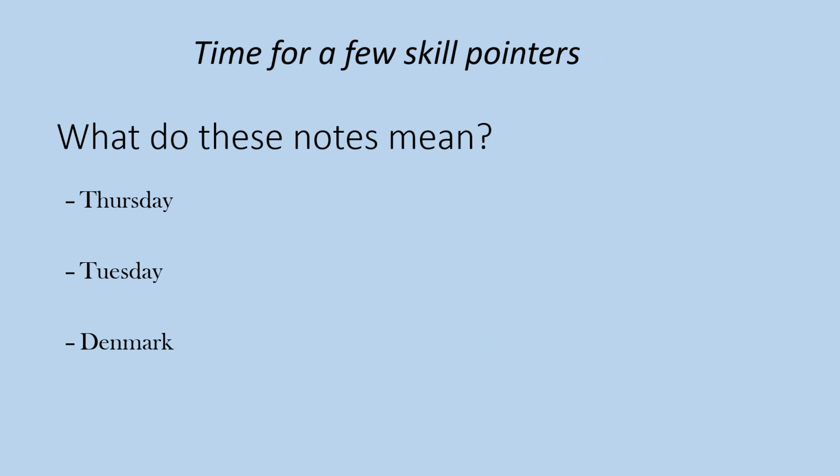A quick pointer. What do these notes mean? Thursday, Tuesday, Denmark. Well, ultimately, nothing to you at this point. There's not enough depth in them to be useful or meaningful later on.